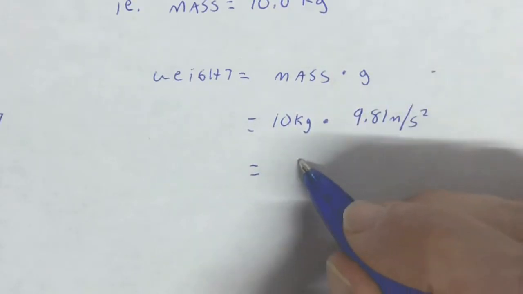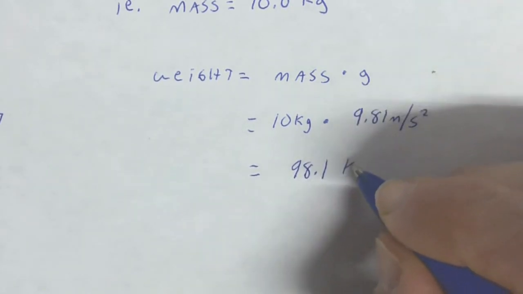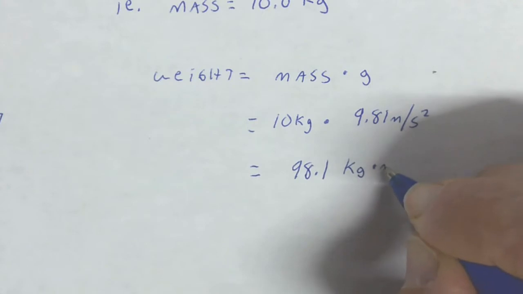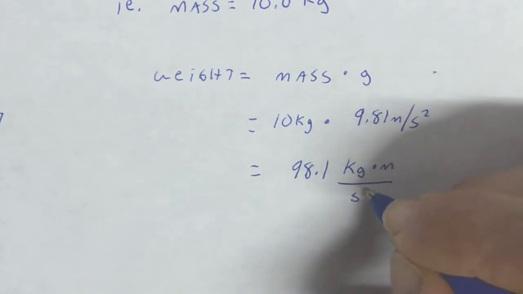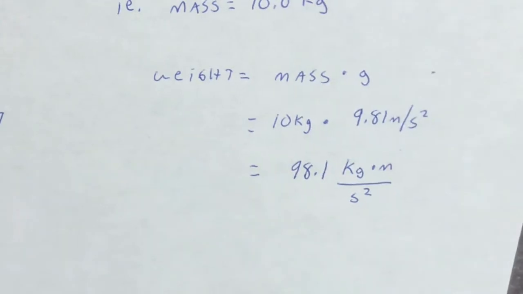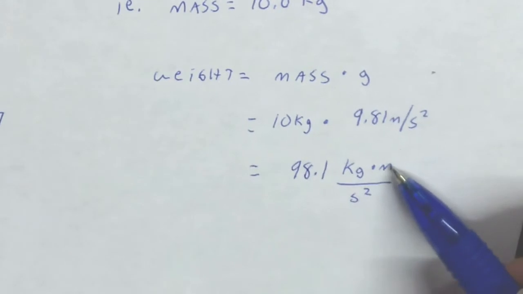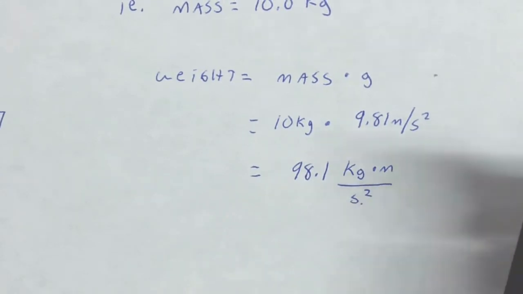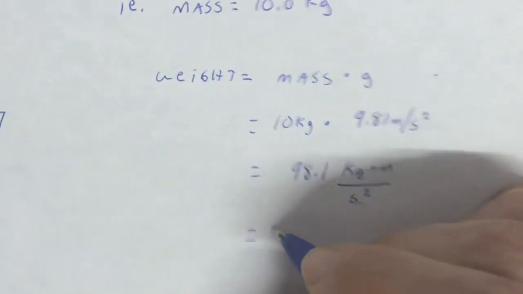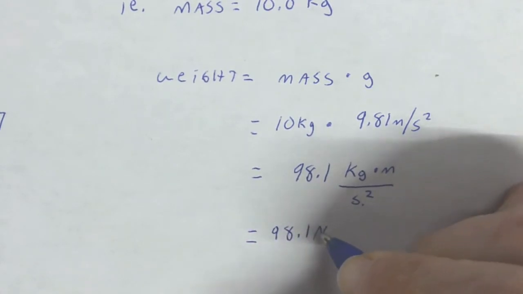That'll give us 98.1 kilograms times meters divided by second squared. This unit, kilograms times meters over second squared, is also referred to as a newton. So 98.1 newtons.